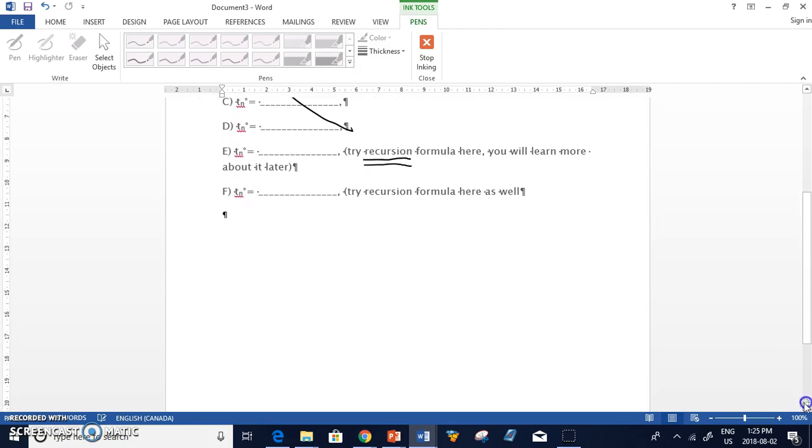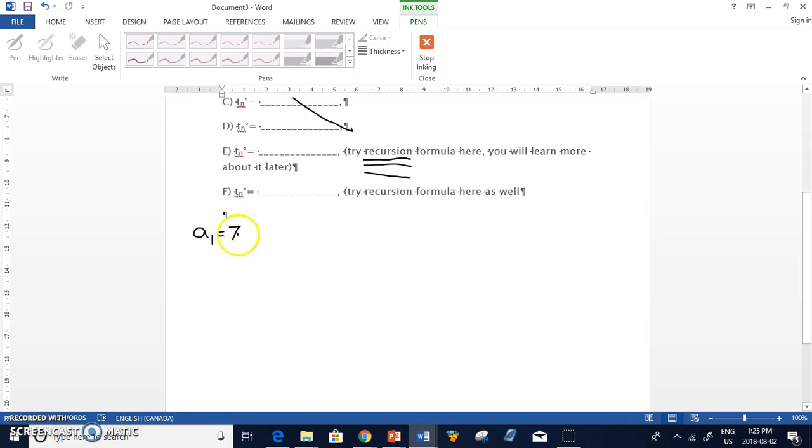Okay? So to do this, remember a recursion formula always uses the previous term. You must know the previous term in order to find the next ones. And so what we know here, and I'm just going to do the solution down below here, we know that our first term has a value of 7.